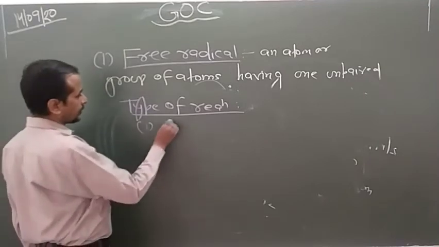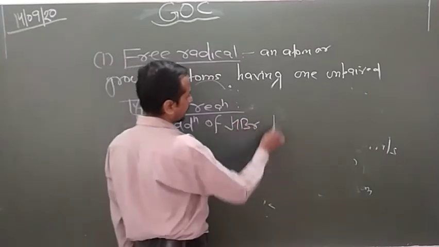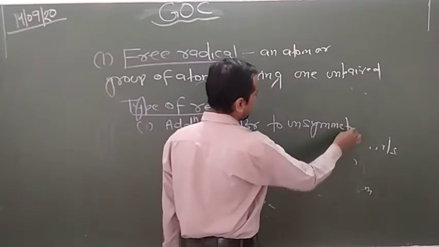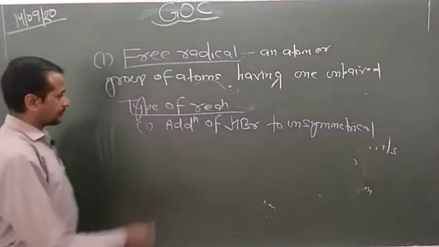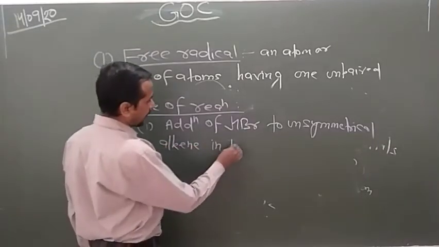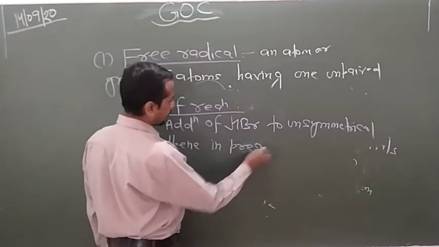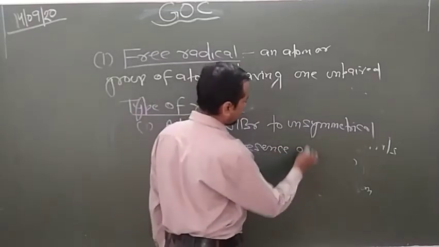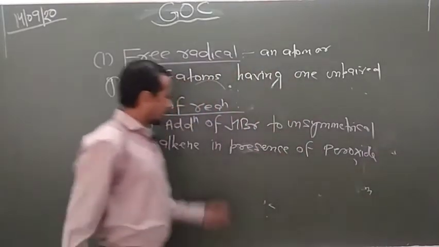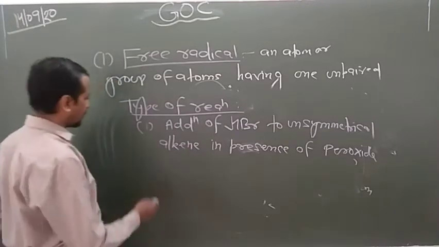So first, addition of HBr to an unsymmetrical alkene in the presence of peroxide. Here also radicals are formed, and I told you, this is the anti-Markovnikov addition.